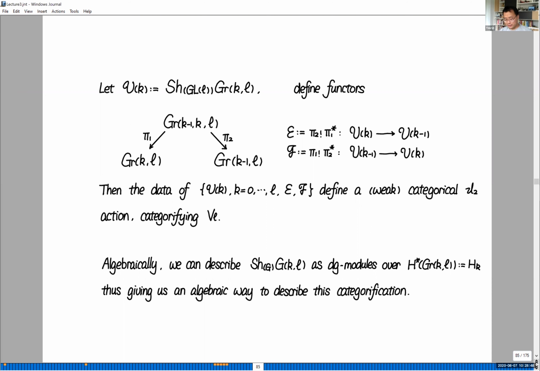You can also look at the Cautis, Kamnitzer, and Licata construction using cotangent bundles of these varieties. Cotangent bundles of Grassmannians are the corresponding Nakajima quiver varieties, but the constructible sheaves are equivalent to D-modules there, so it's an equivalent description as well, I guess. Great, thanks a lot. No problem.